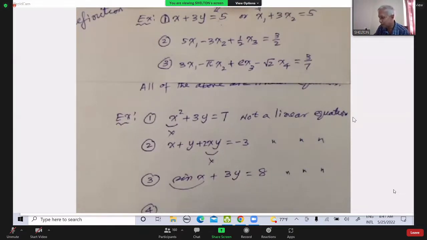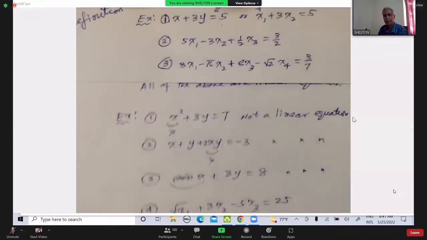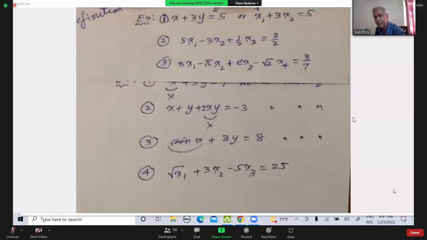Fourth one, square root of x1 plus 3x2 minus 5x3 equals 25. Is that a linear equation? First, recognize the variables. Variables are x1, x2, x3. For a linear equation, you can have a variable multiplied by a constant.